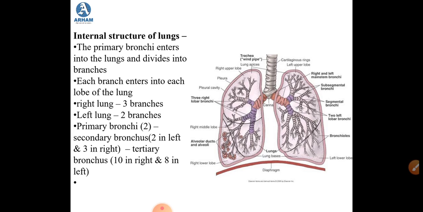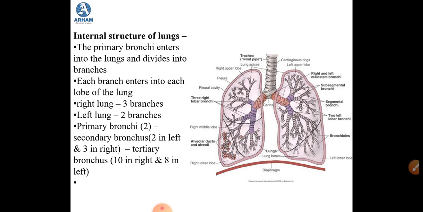Now, studying about the internal structure of the lungs, we have also done this in the last session. The primary bronchi enter into the lung and divide into branches. Each branch enters into each lobe of the lung, and the right lung has 3 branches, the left lung has 2 branches. So there are 2 primary bronchi that enter into the lungs, and into each of the lobes there are secondary bronchi.